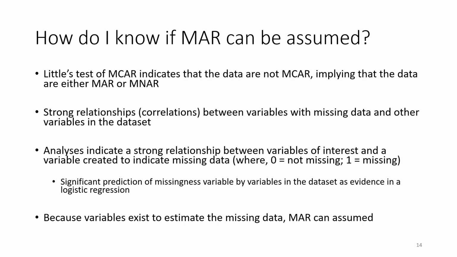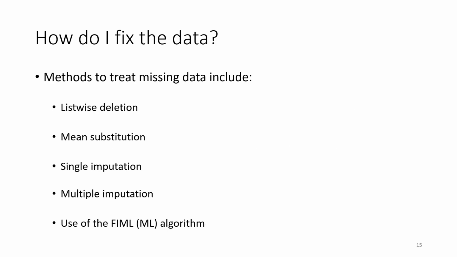But because variables exist to estimate the missing data, we can assume MAR. If those other variables do not correlate with the variable that has missing data, then we cannot assume MAR, and we are forced to assume that the data are missing not at random. That essentially means there's nothing we can do to fix the missing values.